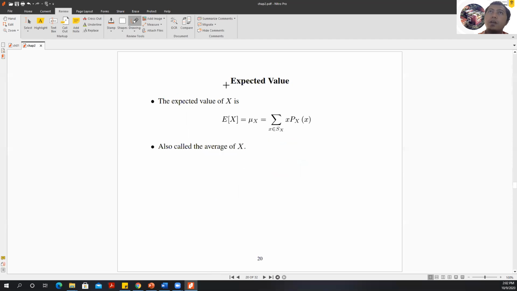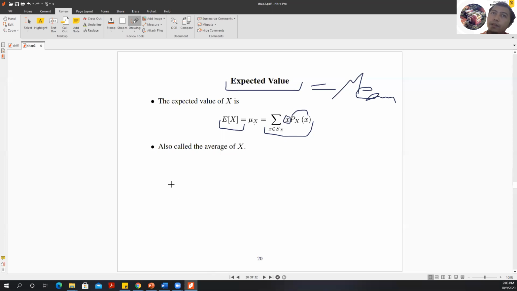Let's move forward to the expected value. Actually, the expected value is equal to the mean value. Mathematically, the expected value of x is equal to mu, or the mean of x. It is the sum of the probability of each element times the value of each element.